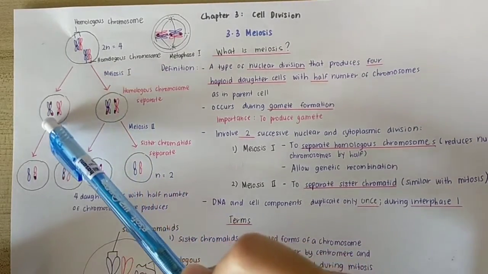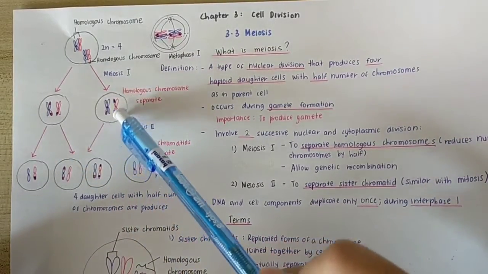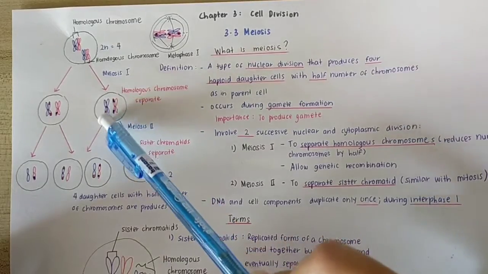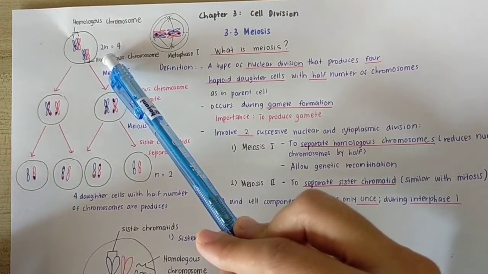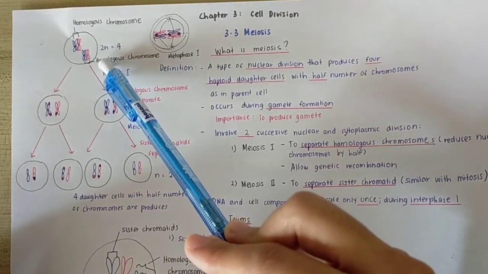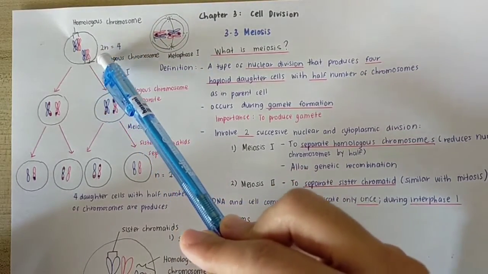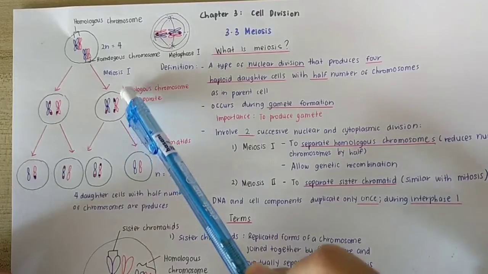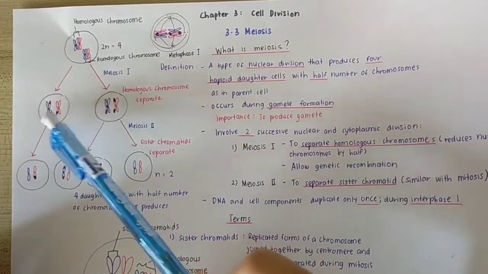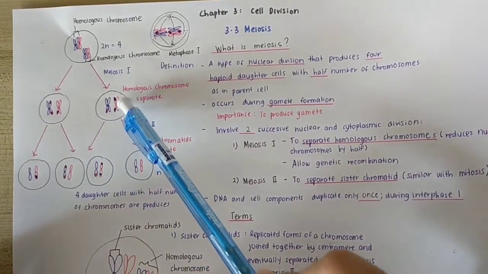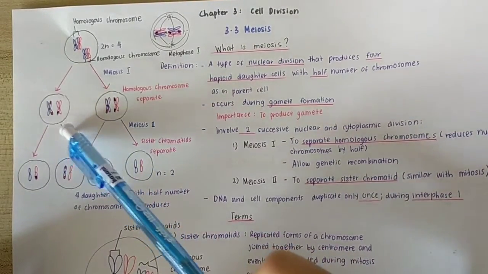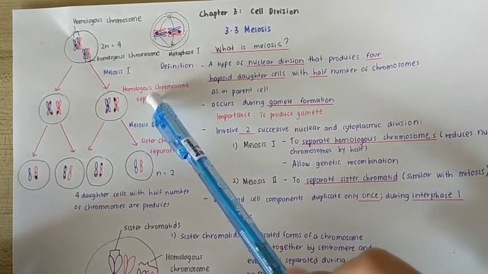So what happened to the homologous chromosomes? They are already separated here, and each daughter cell has 2 chromosomes. Kalau awak compare dengan pada asalnya, parent cell adalah 2n equal to 4, so at the end of meiosis 1, bilangan kromosom tu sudah reduce kepada separuh. Kita boleh assume dekat sini, in each daughter cell, it will become n equal to 2.